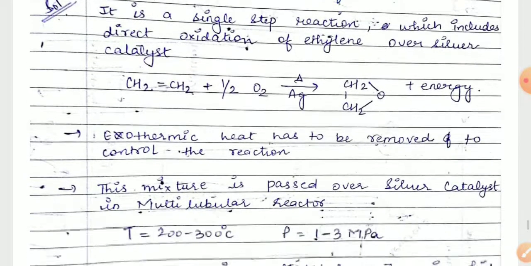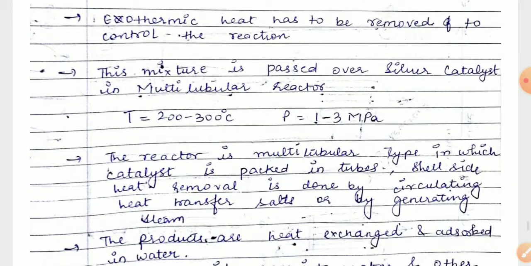The exothermic heat has to be removed to control the reaction. This mixture is passed over the silver catalyst in a multi-tubular reactor at 200 to 300 degrees Celsius and a pressure of 1 to 3 megapascals.